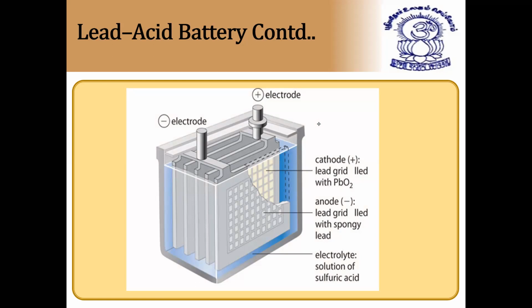This is called the lead storage battery and lead acid battery. This battery is used in motor vehicles like cars and bikes, and this is very important. And once the cell is over, we can recharge again and again. So this comes under secondary batteries.